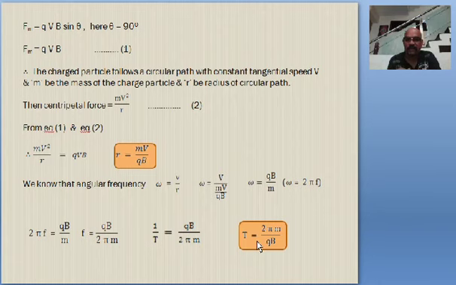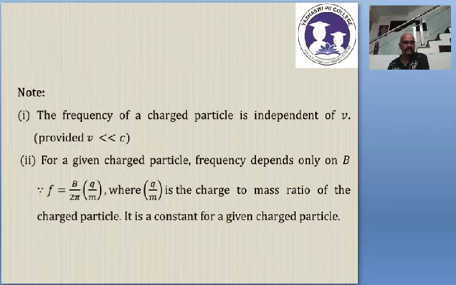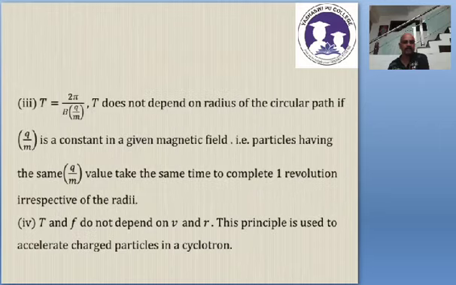And for the radius of the circular path, just equate the magnetic force and centripetal force, you will get the equation for the radius, and from that you can get the equation for time period and also the frequency of revolution of the charged particle. So that is one thing. Now we'll go for the next case. The next case is this.